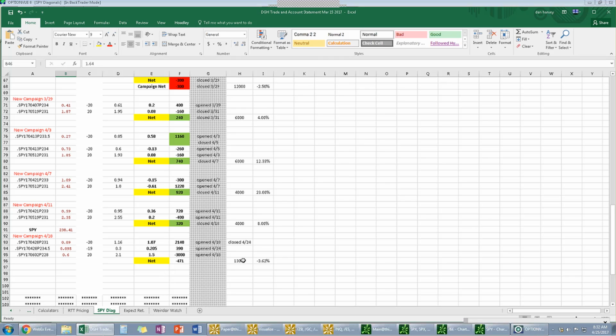The reason this is 13,000, it started out as 6,000, but when I rolled that, we had a wider strike separation, as you see there. So the maximum margin is what I use in this column.